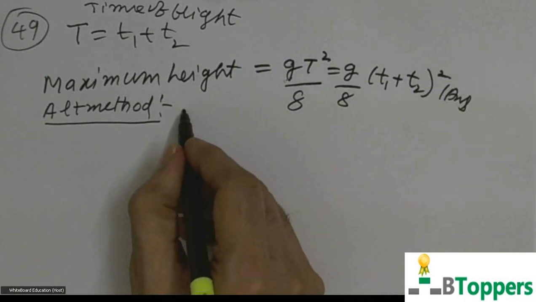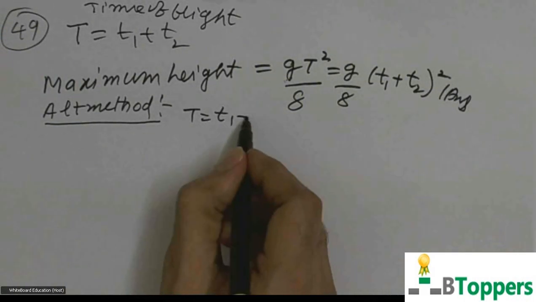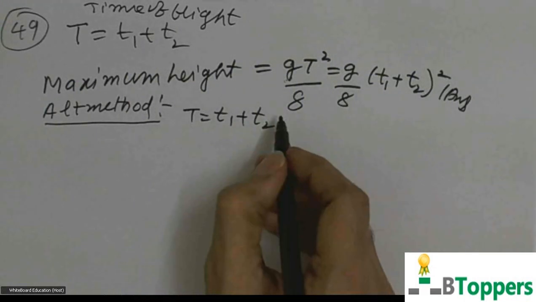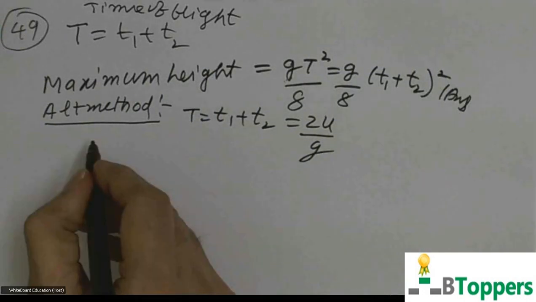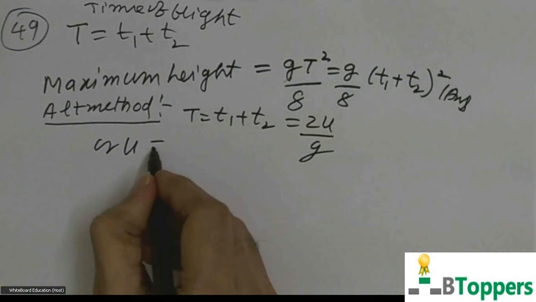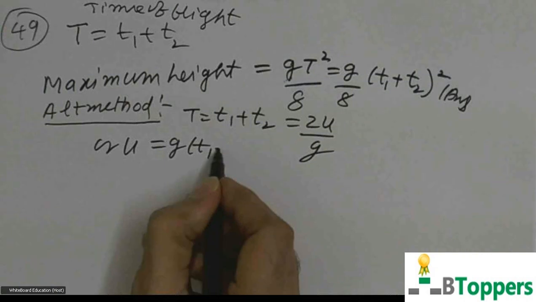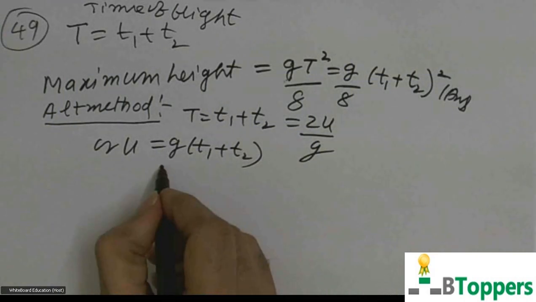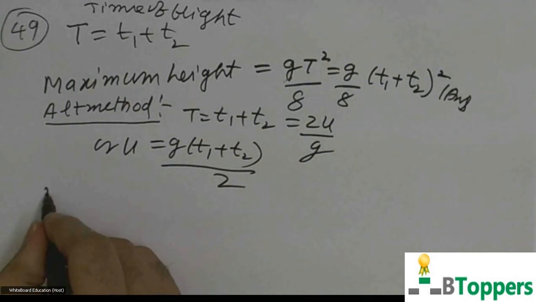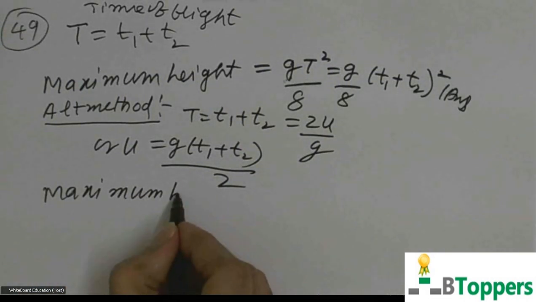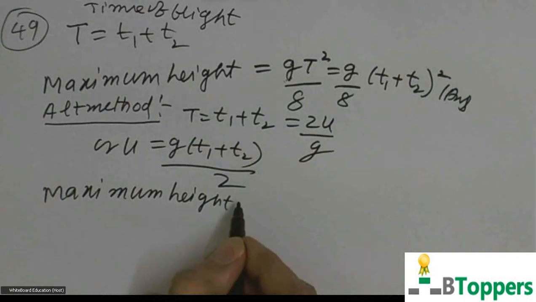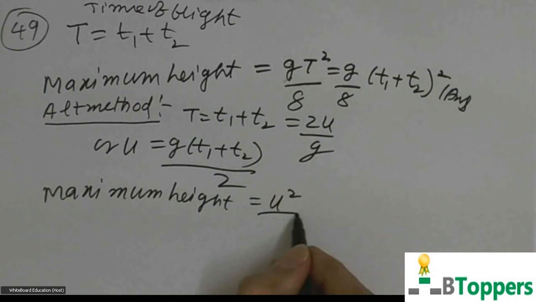So in that case, you can start writing time of flight equal to T1 plus T2. This can be used with simple logic that you can write 2U by G. So you can write U equal to G into T1 plus T2 by 2. Then maximum height reached can be written as U square by 2G.